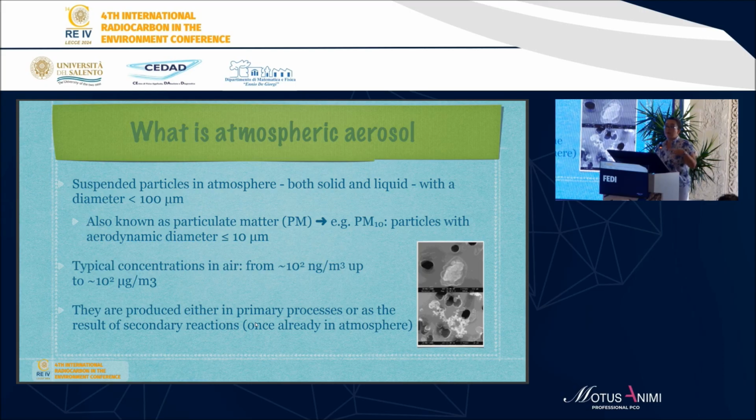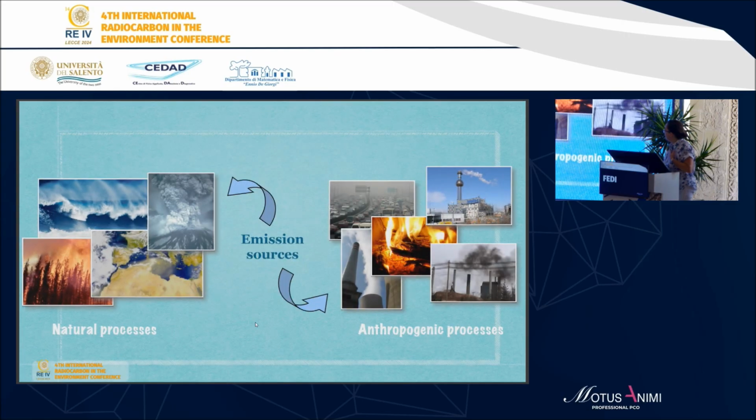So we can recognize some physical sources emitting particulate matter, but we also have to acknowledge that the concentration of particulate matter we find in the atmosphere is not due only to primary processes, but also to something different: compounds already present in the atmosphere that react, coming again to particulate matter.